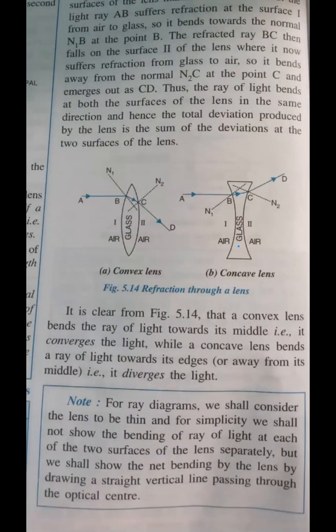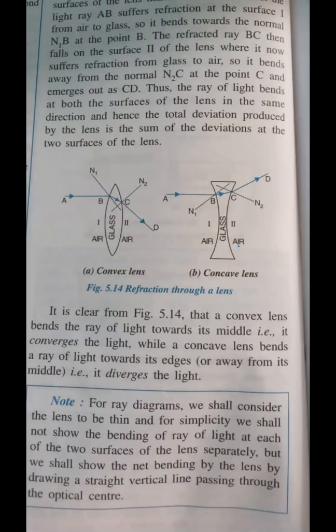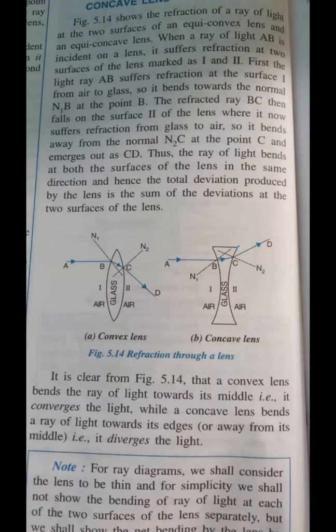It is clear from the figure 5.14 that a convex lens bends the ray of light towards its middle. It converges the light, while a concave lens bends the ray of light towards the edges, that is from its middle, that is it diverges the light. So अगर इसका एग्जांपल देखें कॉन्केव लेंस का, यहाँ पर पहला रिफ्रैक्शन हुआ, देन यहाँ पर दूसरा रिफ्रैक्शन हुआ.